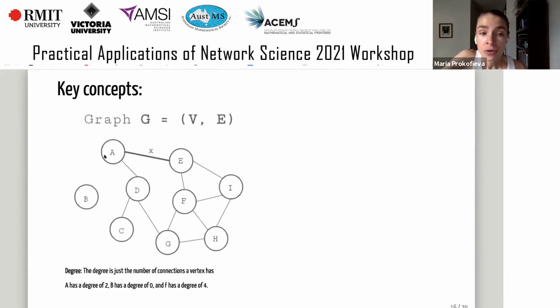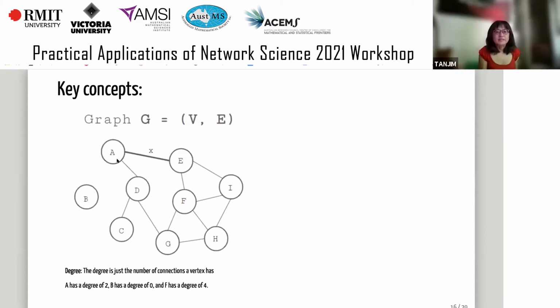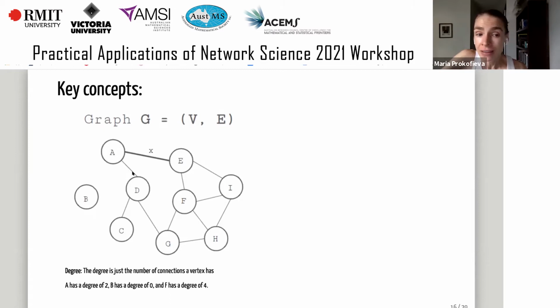So who is A connected to? D and E, because there is a connection here. That line shows the connection. So A is connected to D and A is connected to E, but A is not connected to anyone else. I don't know those other people there. I don't know D, but I know D is a very good friend of mine, and I do know E, very good friend. So those people who you know, that's the degree, right? So A has a degree of 2.